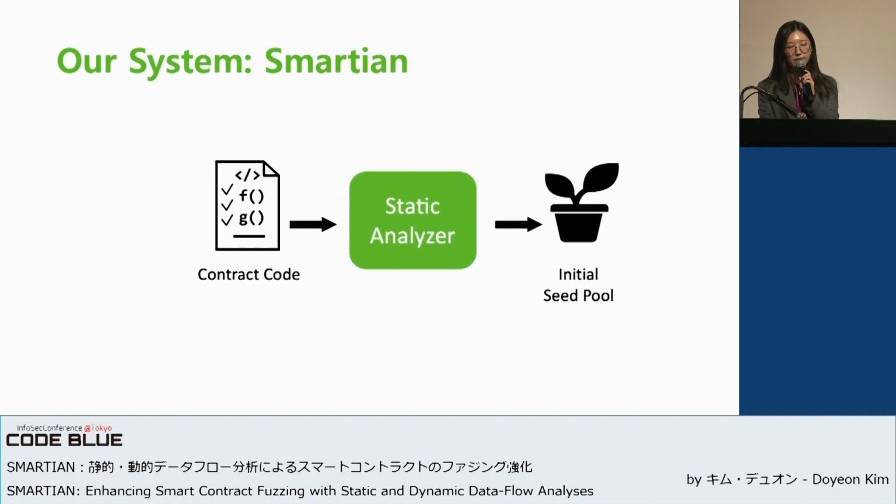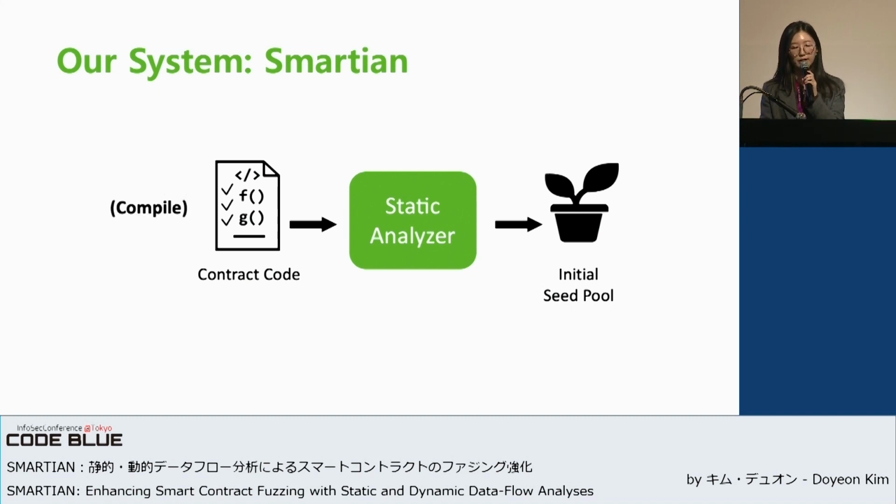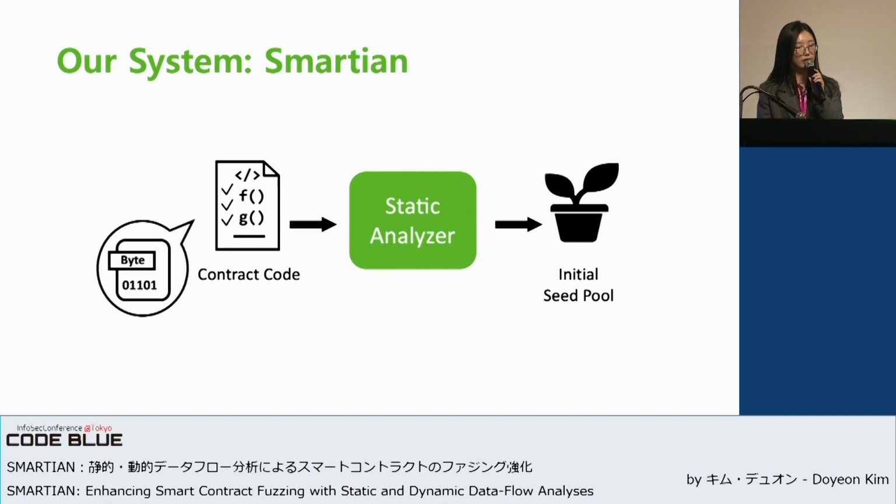So first, let's take a closer look at the static analysis module. Generally, the contract code is first written in a high-level language, but it eventually has to be compiled into low-level bytecode.